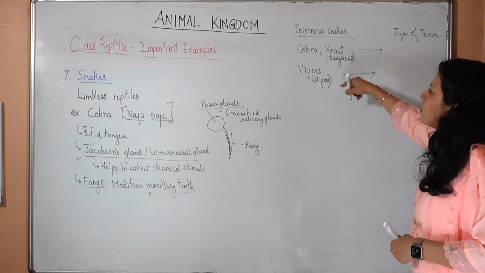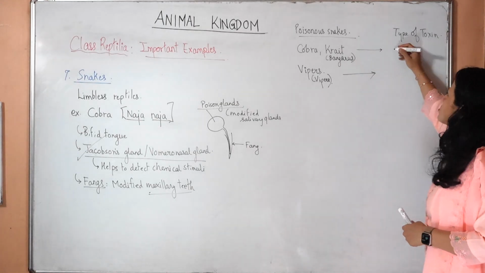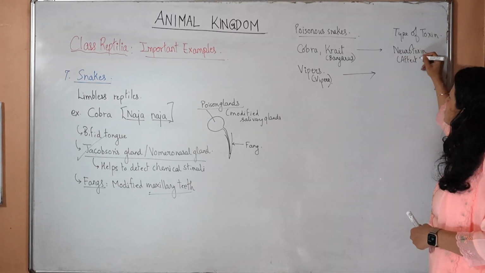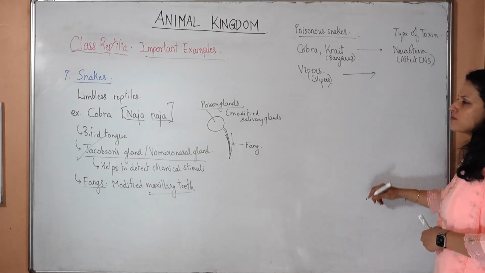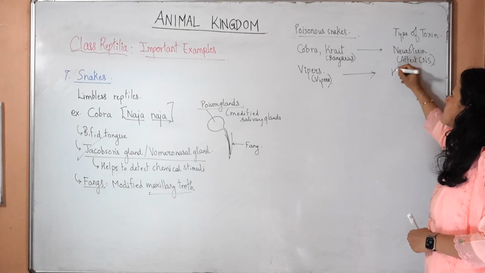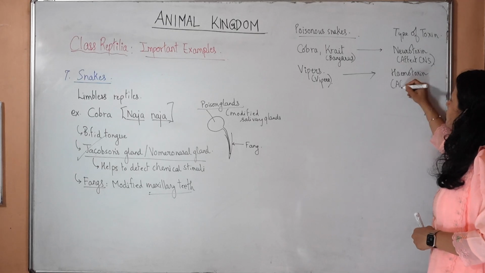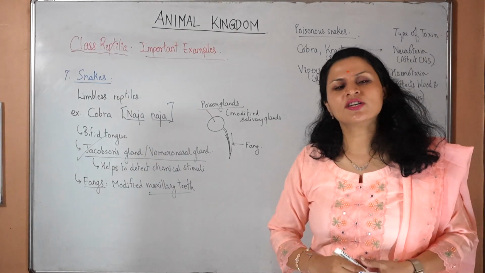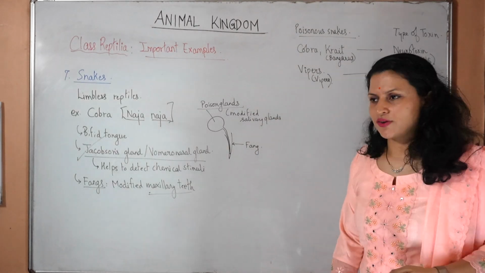For example, the cobra and the krait produce a toxin which is called as the neurotoxin. Neurotoxin is known to affect the CNS, the central nervous system of the host, whereas the toxin produced by the vipers is called as haemotoxin. Haemotoxin affects blood and tissues of the host. There will be clotting of blood, damage to the tissues, etc.